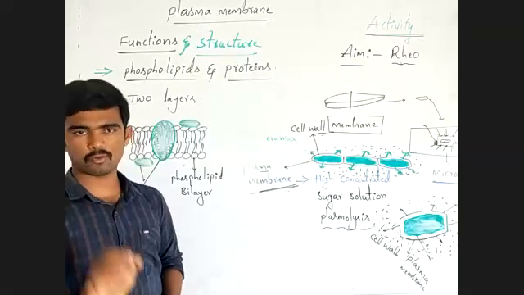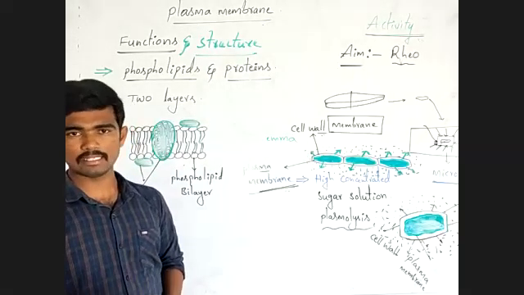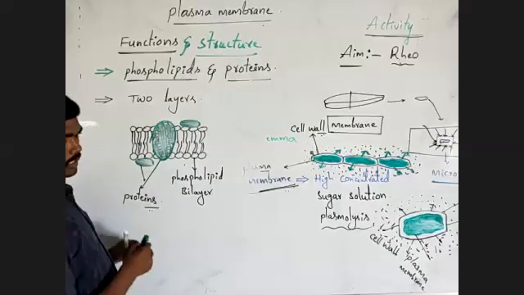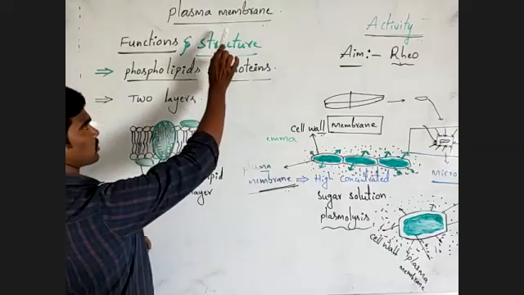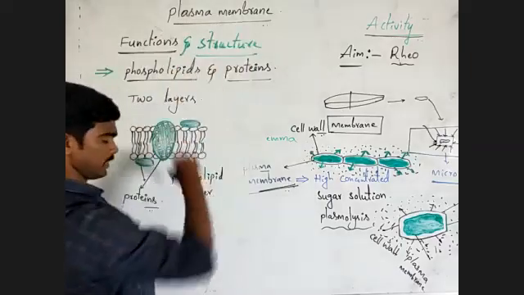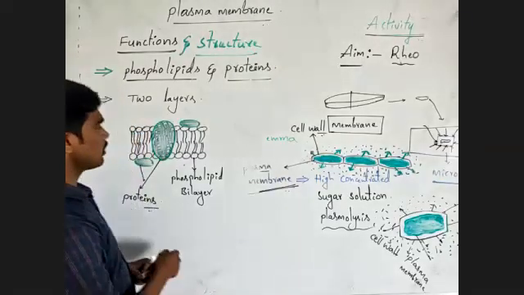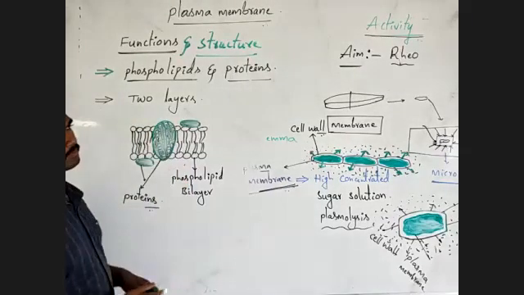By this fluid mosaic model, Singer and Nicholson discovered the chemical structure of the plasma membrane. Understanding the chemical structure of the plasma membrane like this.